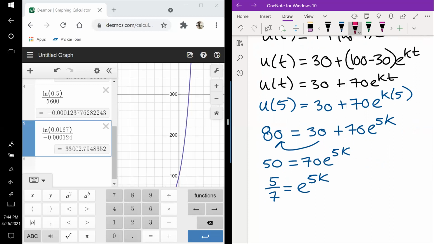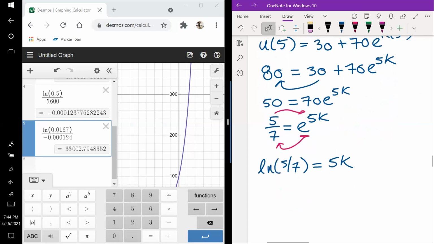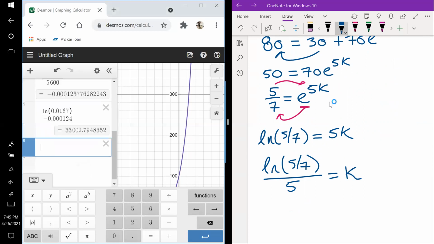And then convert from exponential to log. Natural log again. Natural log of 5/7 is equal to 5k. Divide by 5. And natural log of 5/7 over 5 is equal to k.